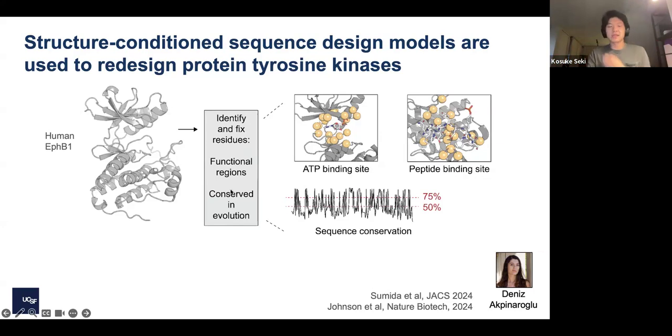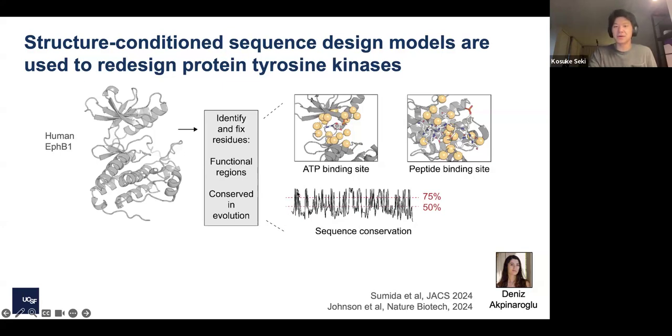The second class of residues that we fix is residues that are conserved in evolution. We look at the multiple sequence alignment of this EPHB1 protein and find residues that are conserved throughout evolution. Here I'm showing a graph of position on the x-axis and conservation on the y-axis.